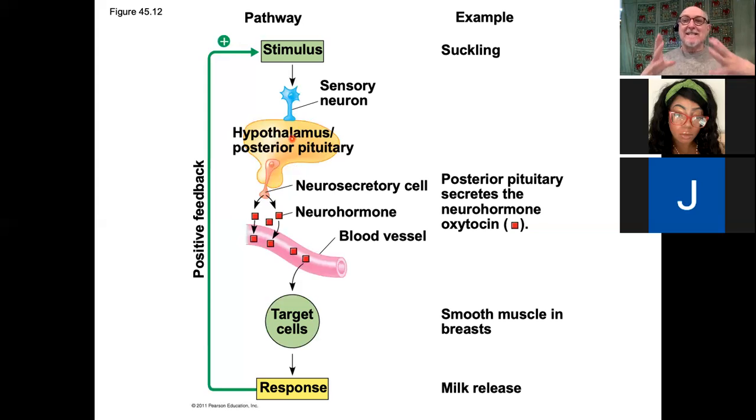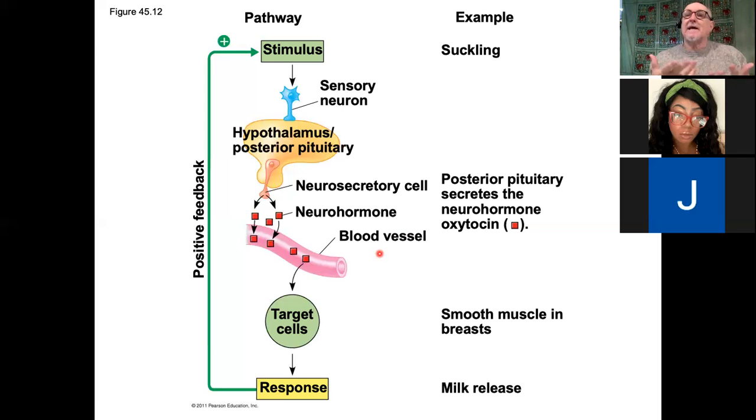It senses that suckling is taking place. And it talks to the pituitary. And the pituitary releases a hormone called oxytocin. Oxytocin is an extremely interesting hormone. It's also called the loving hormone, because it produces a feeling of affectionate well-being.